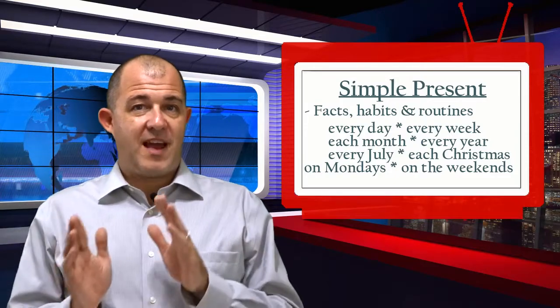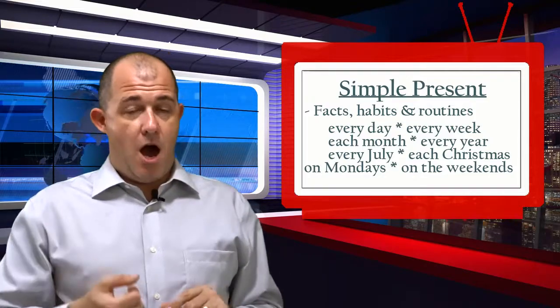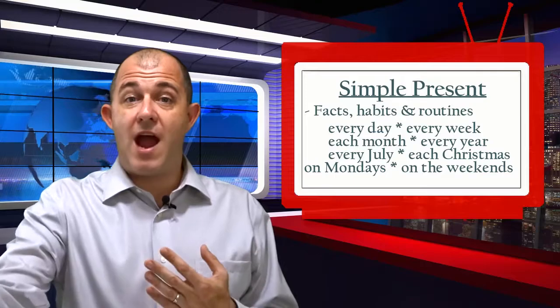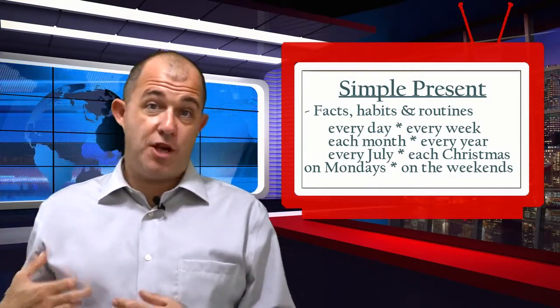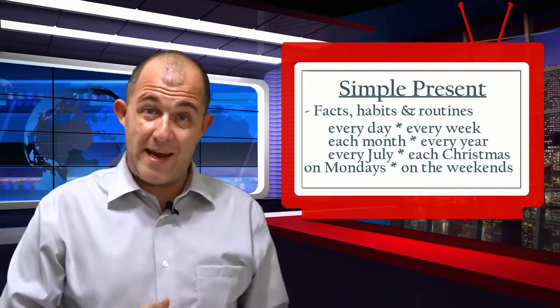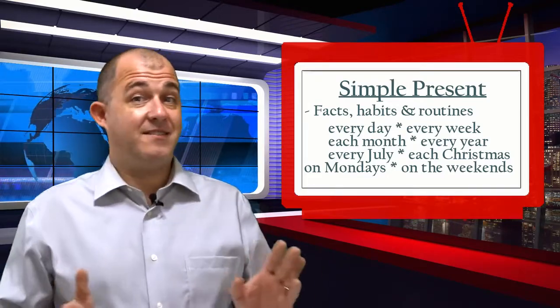If there are specific activities you do on specific days of the week, you could say on Mondays. For example, on Mondays, I put out the trash. Or on Fridays, I go to yoga class. And of course, there are many things that we only do on the weekends, so we could say on the weekend or on the weekends.